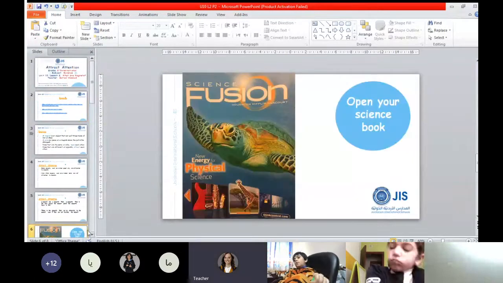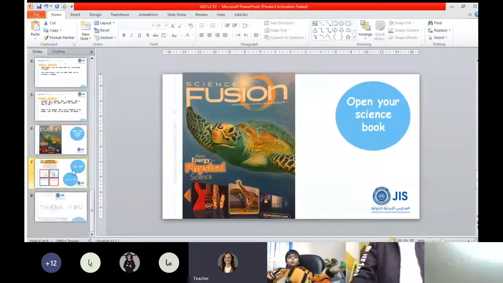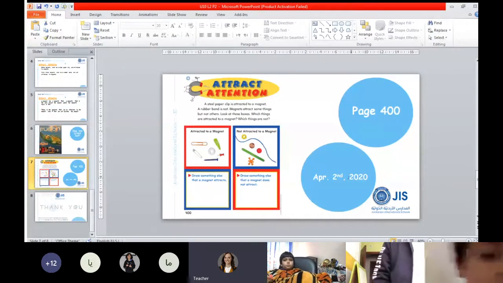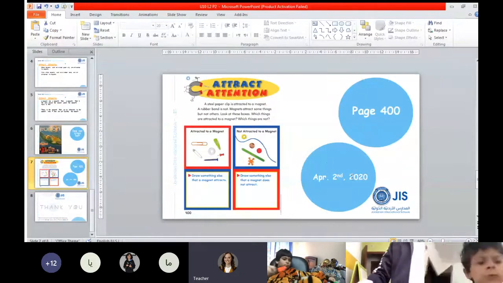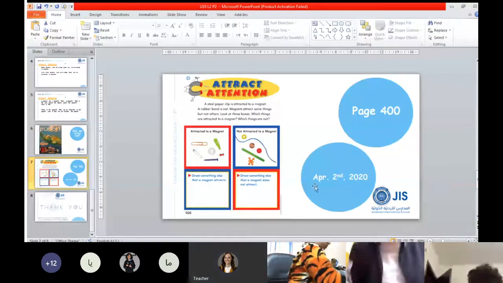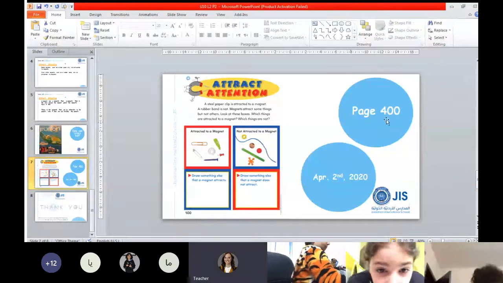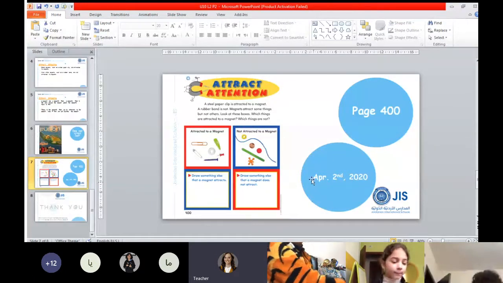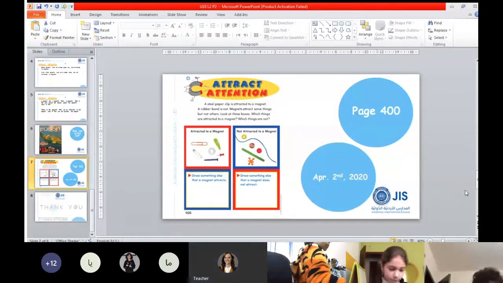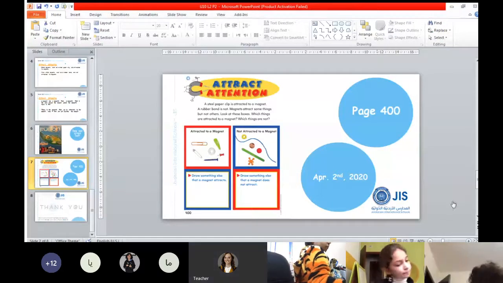Okay, now I want you to open your science book on page 400, please write the date at the top of the page. So open your science book, page 400, write the date at the top of the page. What is the day?